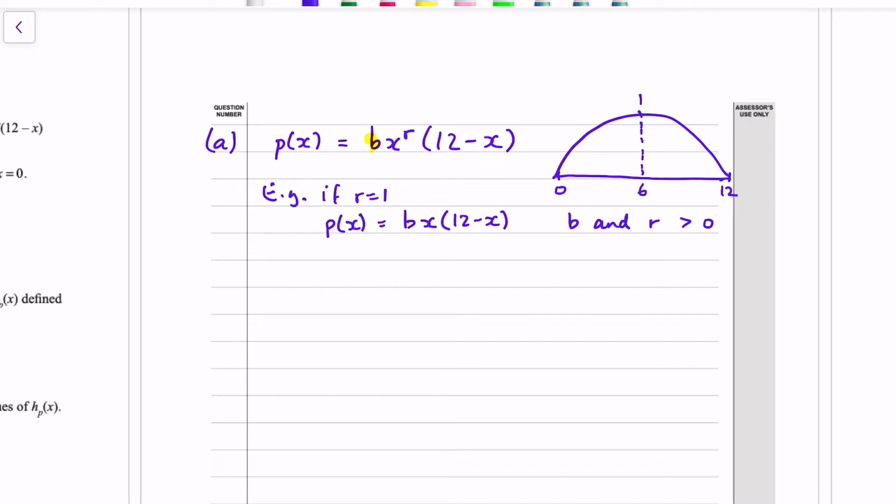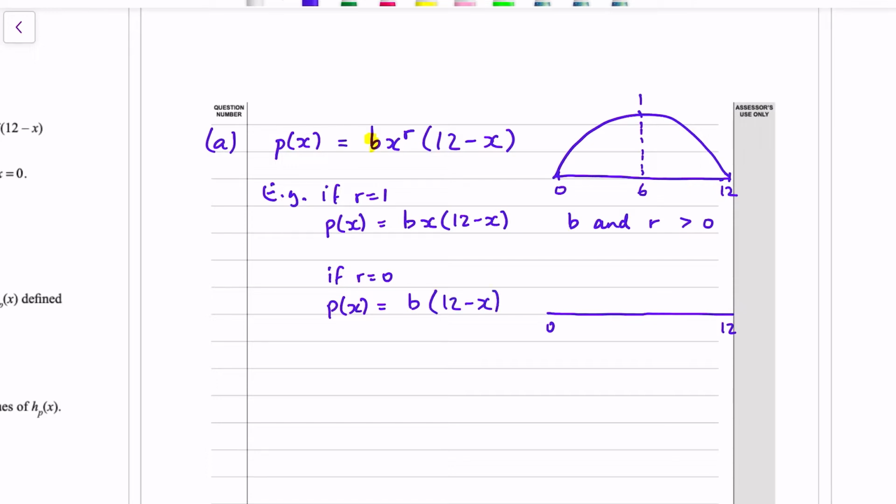I know it said that r was positive, but another trivial example would be if r was equal to 0, because I guess r could be 0.00001, and then it would be essentially 0. Then we would get a density function of b times x to the 0, which is 1, times (12 minus x).